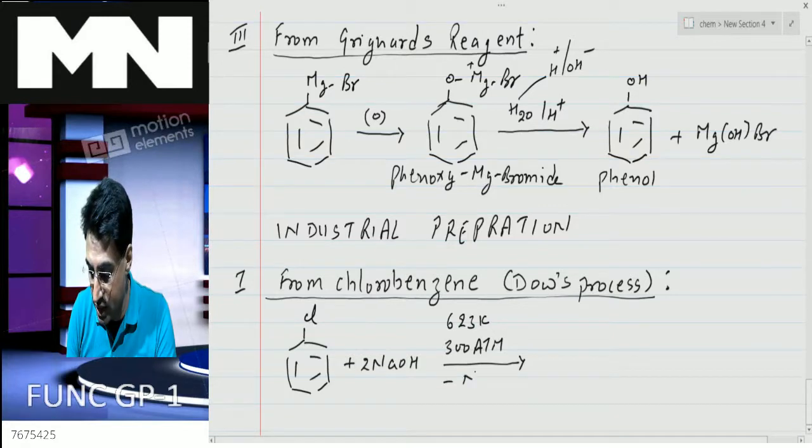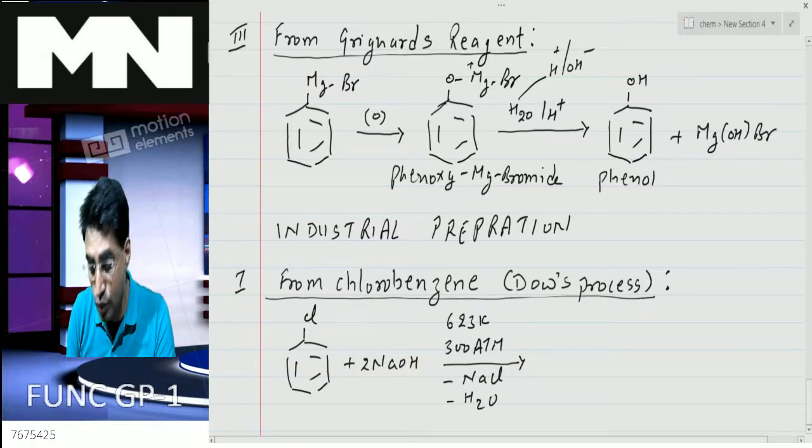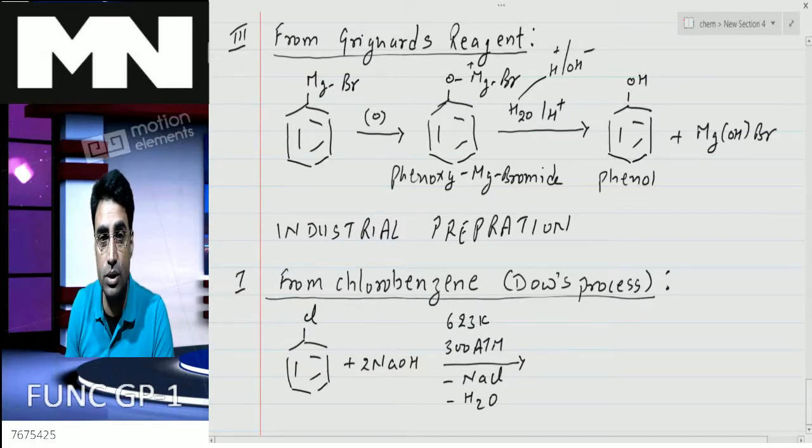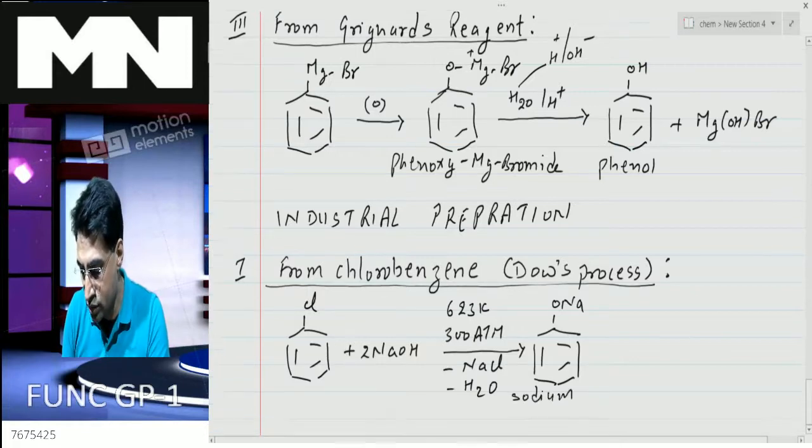It will come out as sodium chloride. 2 hydrogen, they will combine with oxygen, they will come out as H2O. I am left behind with 1 sodium and oxygen atom, which will replace chlorine. So I will get sodium phenoxide. I will get a compound like this, ONa. This is sodium phenoxide.